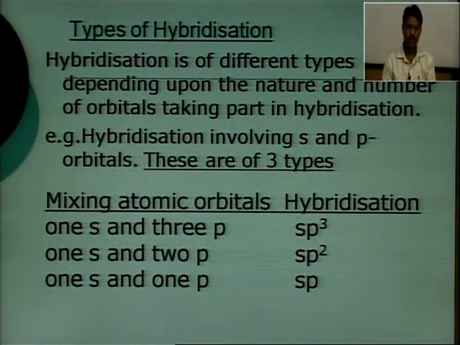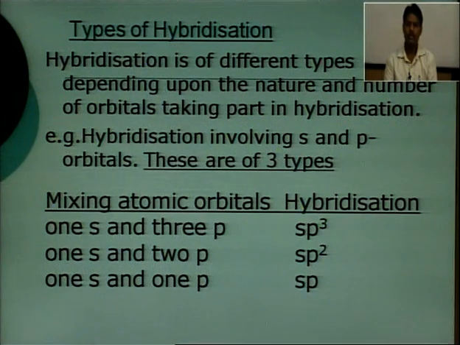Types of hybridization. Hybridization is of different types depending upon the nature and number of orbitals taking part in hybridization. For example, hybridization involving s and p orbitals is of three types. The hybridization is sp3 when 1 s and 3 p orbitals are hybridizing with each other.